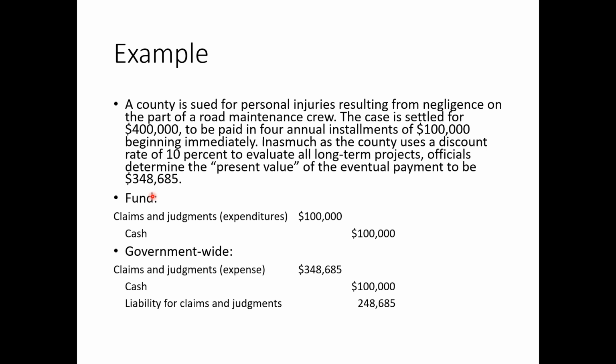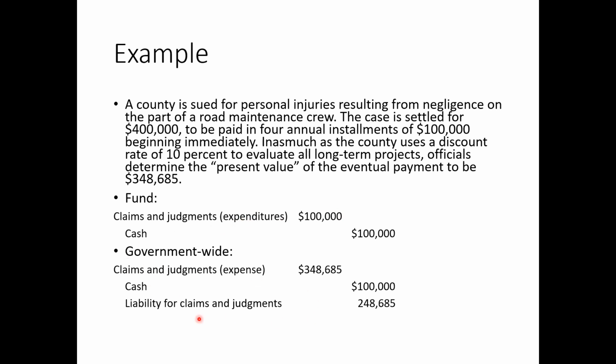In fund accounting, the journal entry is very straightforward. Because the government will not have budget for future installments, we're going to ignore the liability. We only record the current period's payment as an expenditure. So for this period, only recognize $100,000 expenditures, credit cash.